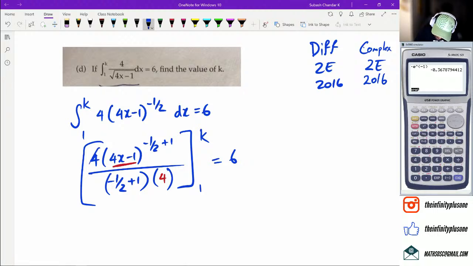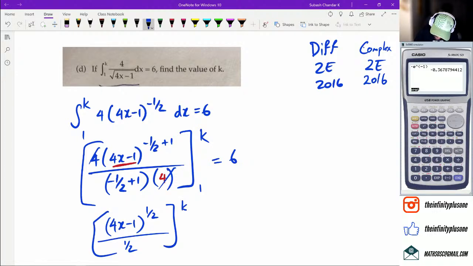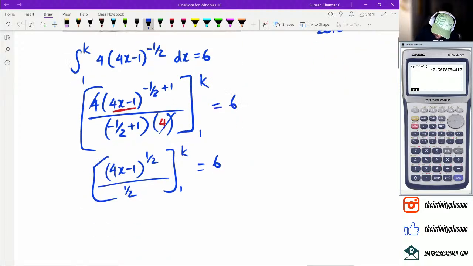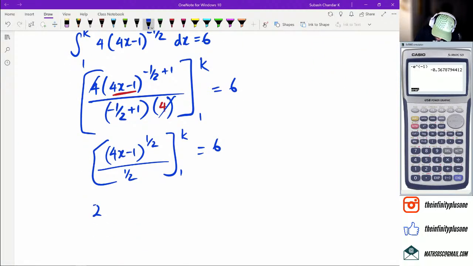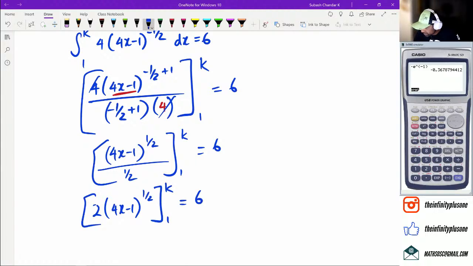Get rid of the two 4's, and we've got 4x minus 1 to the power of half divided by positive half, between k and 1 equals 6. Rearrange it, so we get 2 times 4x minus 1 to the power of half, between k and 1, equals 6.